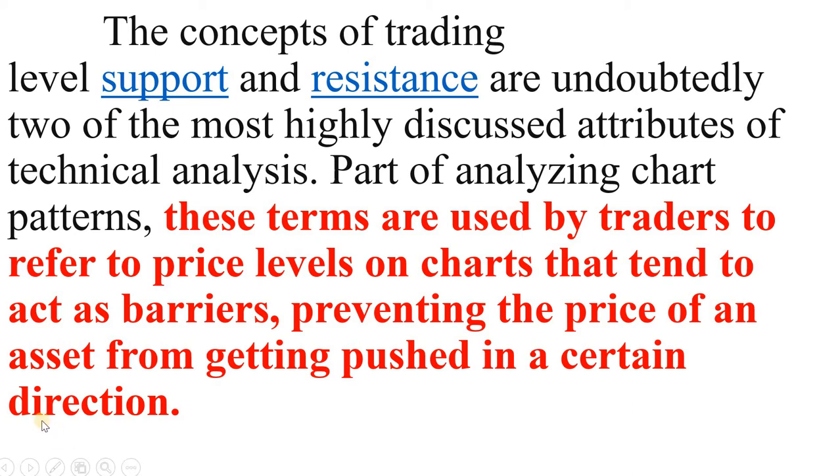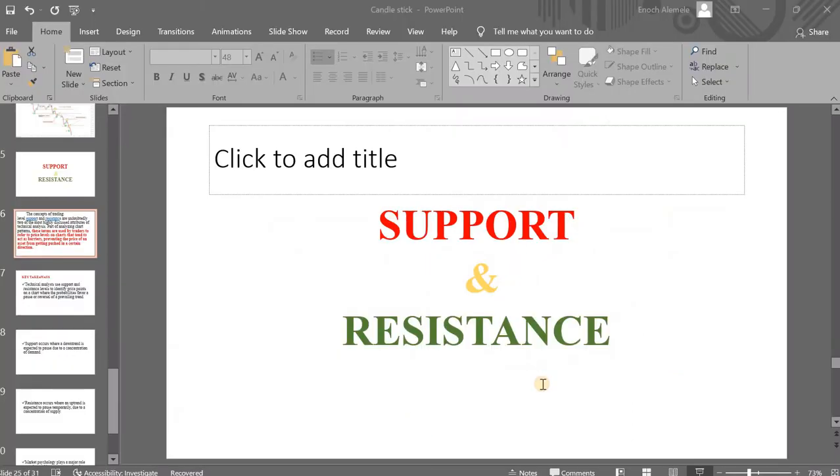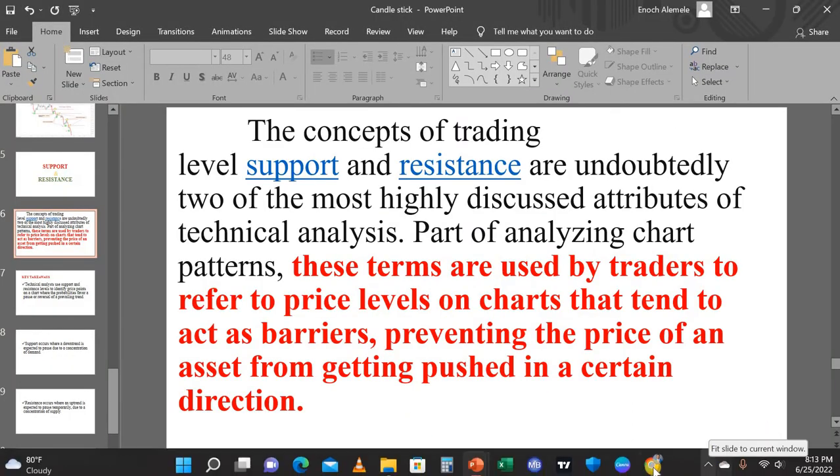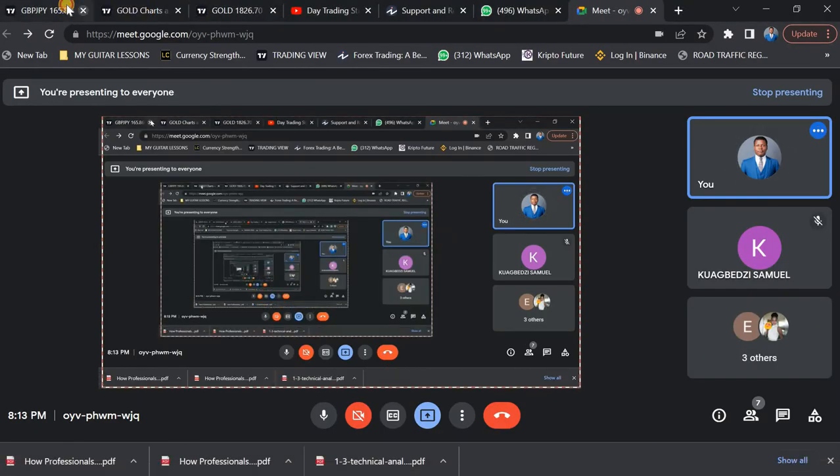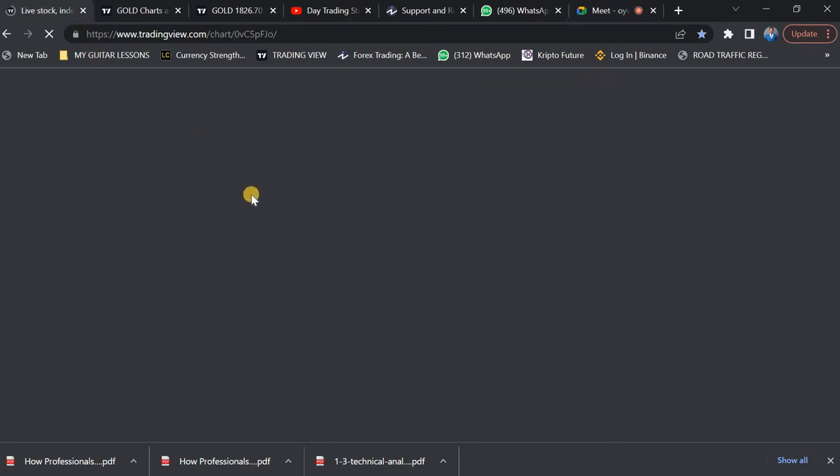So for example, you open the chart and then you realize that price is moving up. Let me go to the chart right away and show you some of these things we are talking about. At every point in time, I will switch to show you whatever we are talking about.